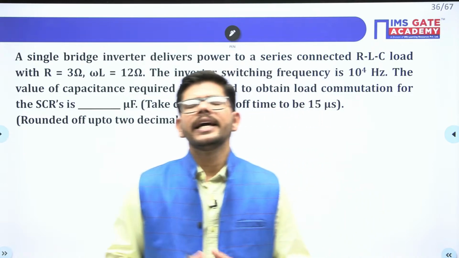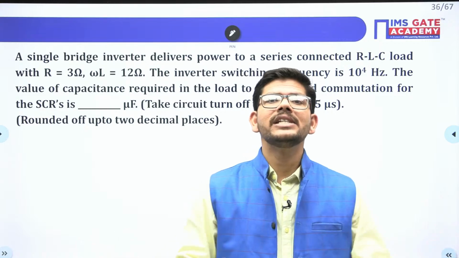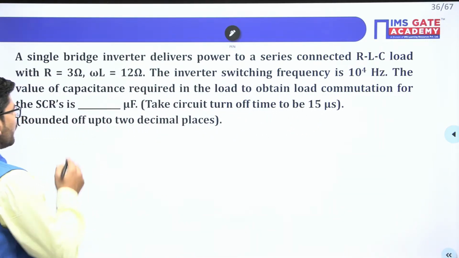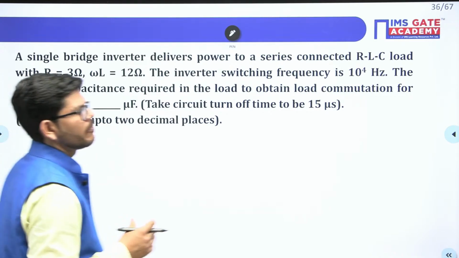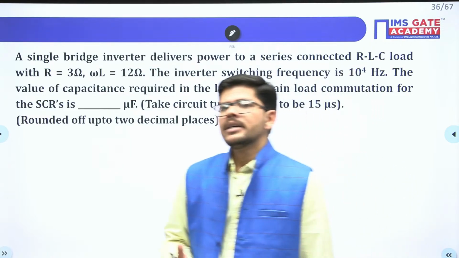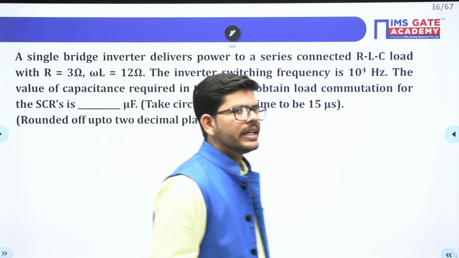So here we have a single phase full bridge inverter which is feeding an RLC load. So the angle by which the output current will lead or lag the voltage is given by what?